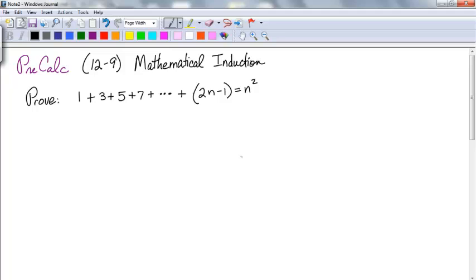So, to prove something by mathematical induction, there are actually 2 cases that you have to go through.